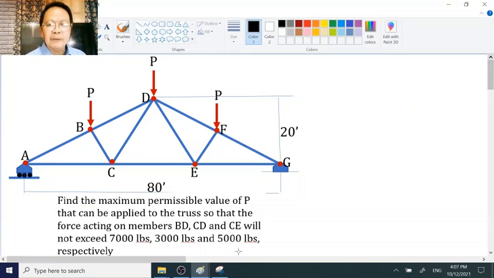Kaya sa problem na ito ay pinapahanap sa atin guys itong value ng P na kung saan yung forces that will be acting on these members BD, CD and CE will not exceed the given values of 7,000, 3,000, and 5,000.